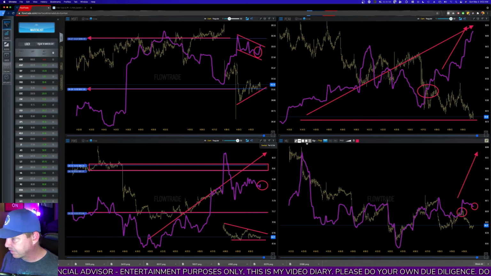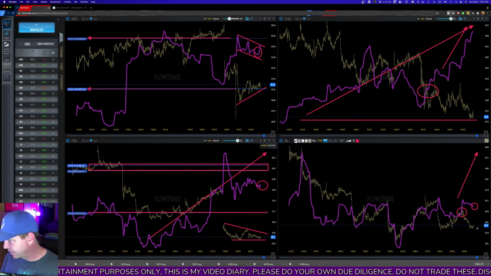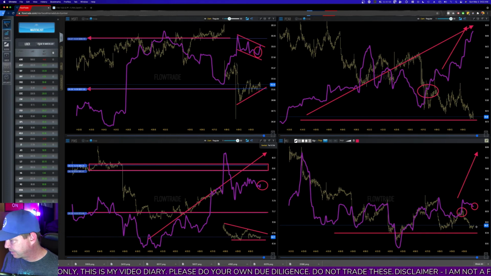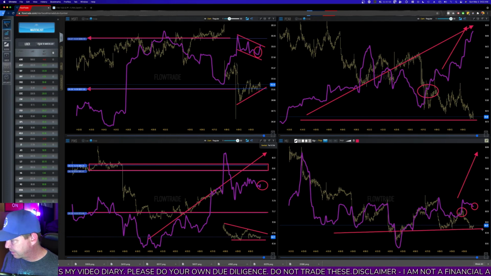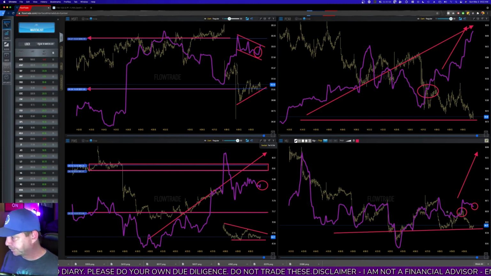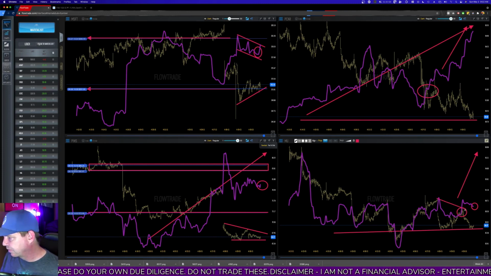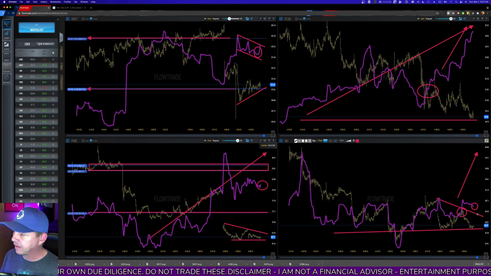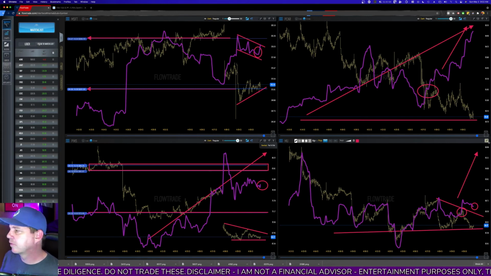To the next level, it looks as though we've found some support at this level here. So we've got a nice little double bottom. We would need to obviously break that uptrend for the next continuation upwards.